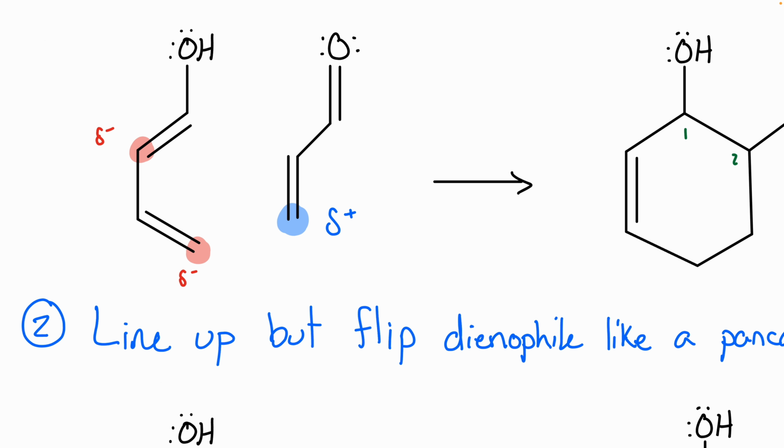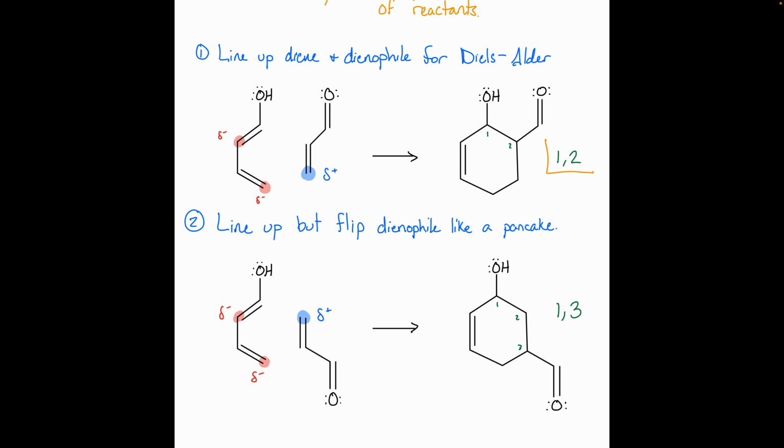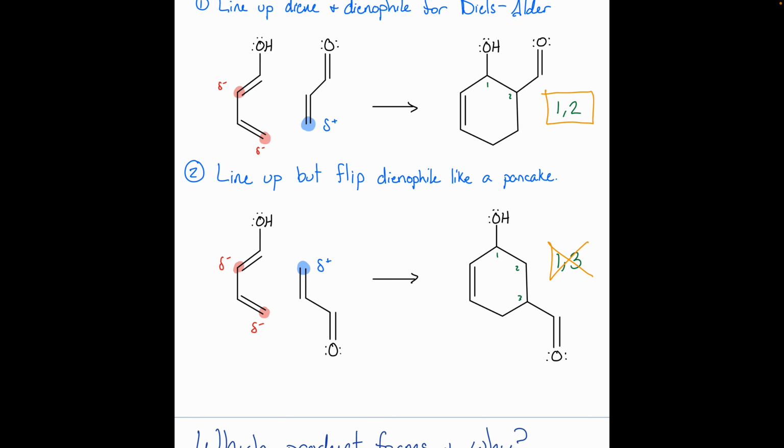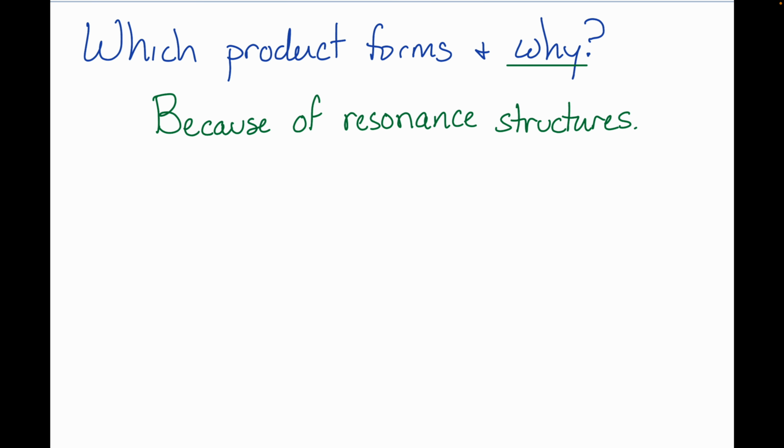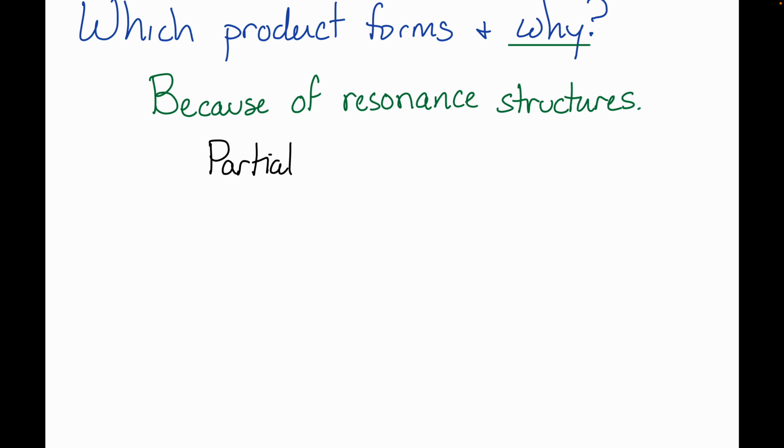So, it turns out that our 1,2 product is going to be our preferred product. It's going to be the product that forms here. And our 1,3 product does not form. Okay, so because of our resonance structures, a partial positive carbon, let's just use our delta symbol.